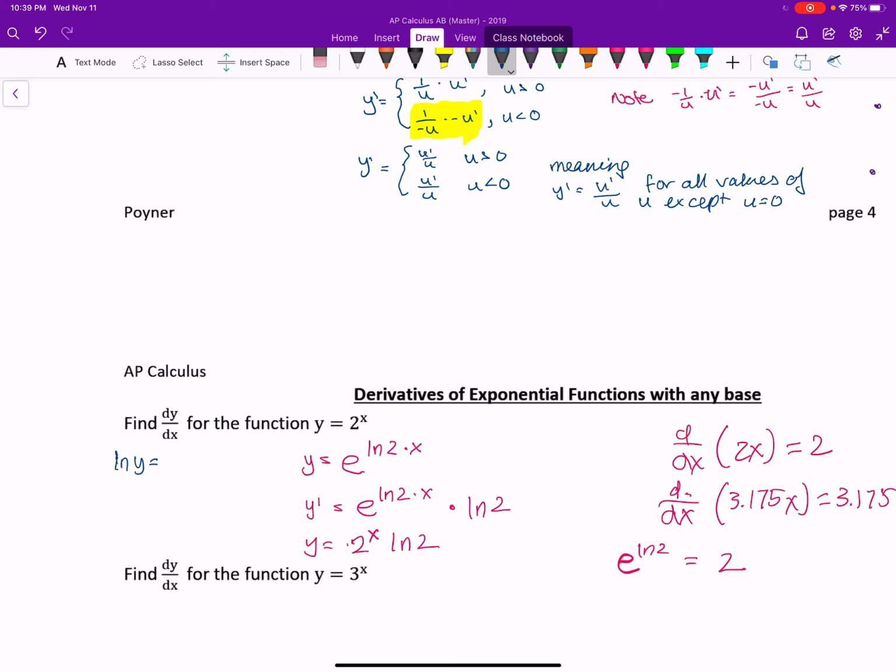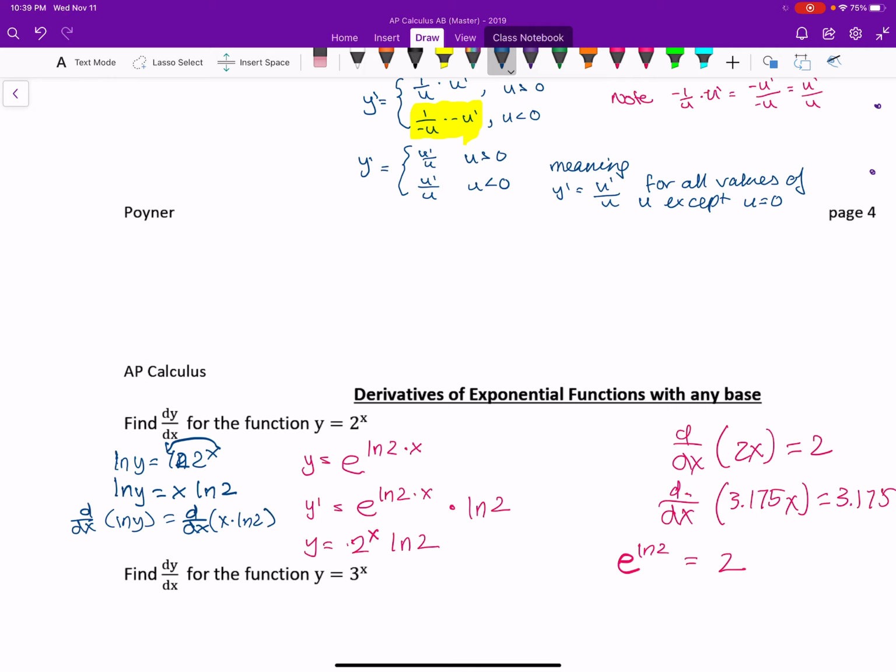I could do the natural log of 2 to the x, then bring the x out in front. So then we get the natural log of y is equal to x times the natural log of 2. And then you can take the derivative of both sides. d dx of the natural log of y is equal to d dx of x times the natural log of 2.